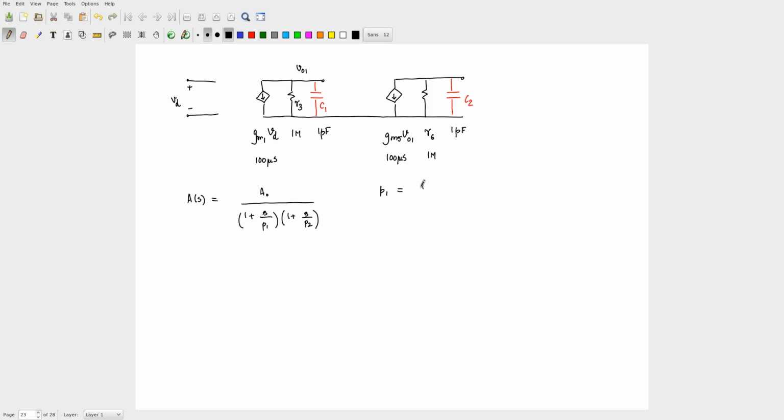P1 was 1 by R3C1, P2 was 1 by R6C2. Now, in this particular case, when I take R3C1 and R6C2 values all identical, what will this become? I get P1 equal to P2 equal to how much for these set of values?